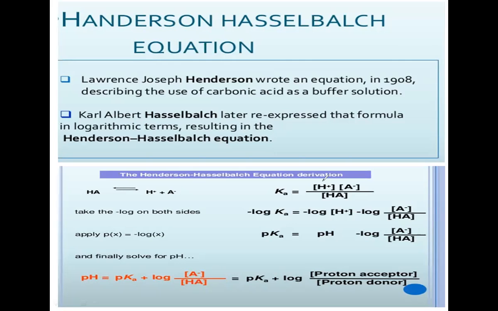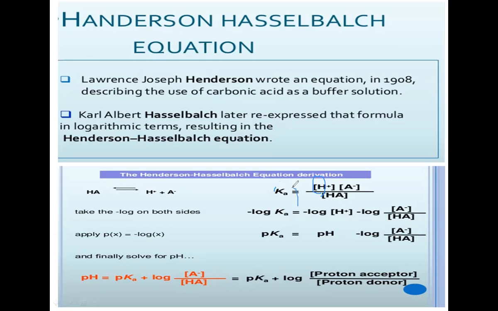The concentration of hydrogen ion, and A minus, which is the basic part, the concentration of H plus and the concentration of A minus multiplied and divided by the concentration of HA, gives the Ka, which is a constant value.